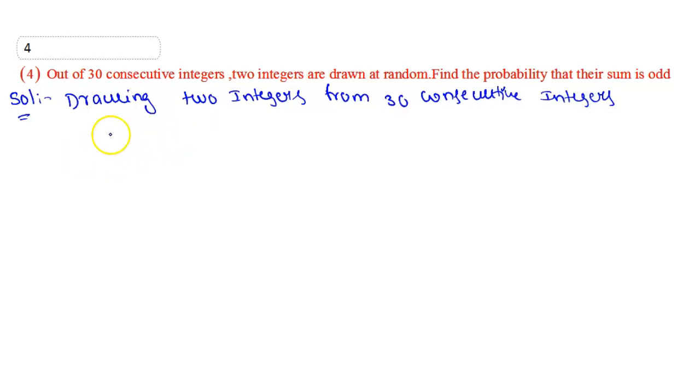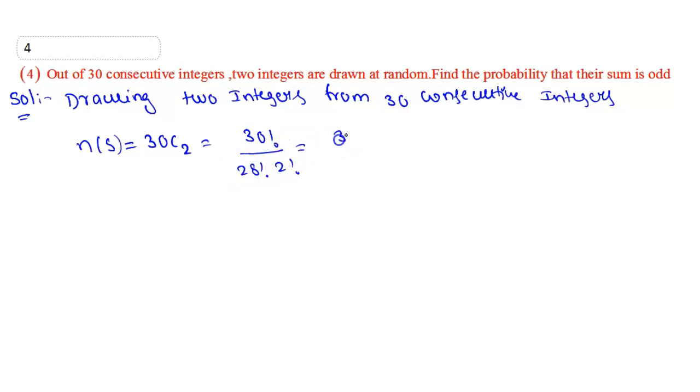So here I am taking n of S, that is equal to 30C2 ways. So 30C2 can be written in formula as 30 factorial by 28 factorial into 2 factorial.